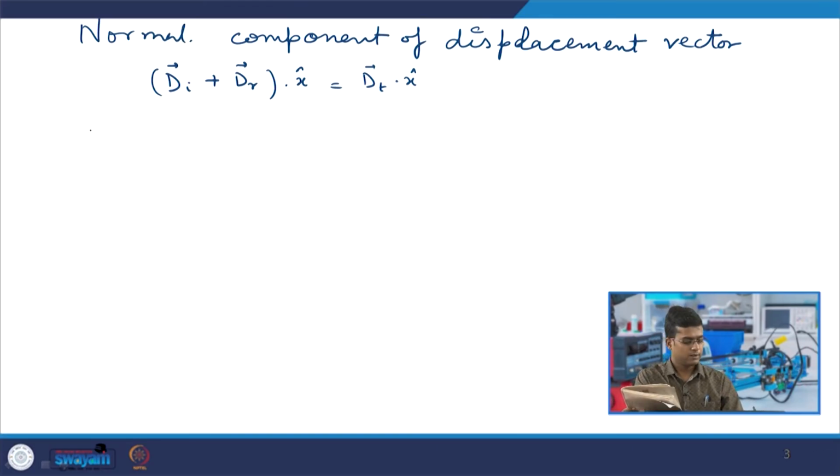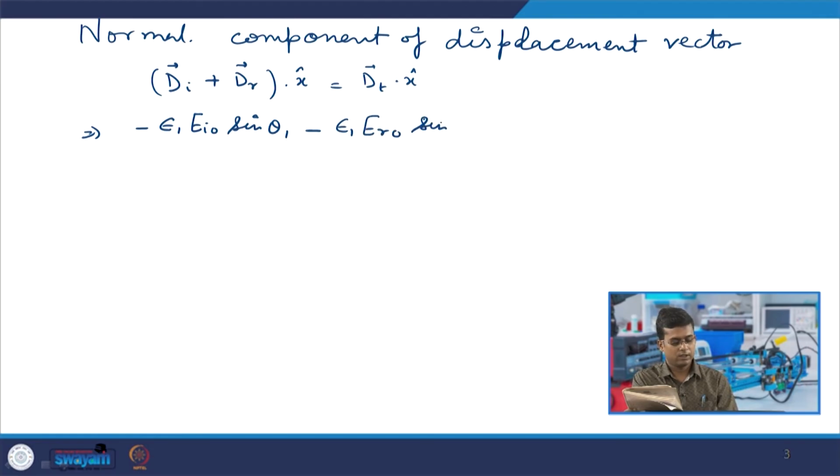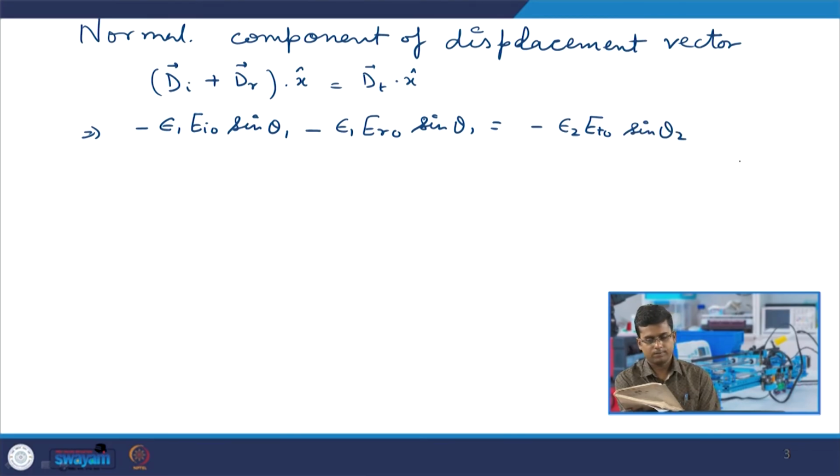So, you write it like this: minus epsilon 1 EIO sin theta 1 minus epsilon 1 ERO sin theta 1 is equal to minus epsilon 2 ETO sin theta 2.